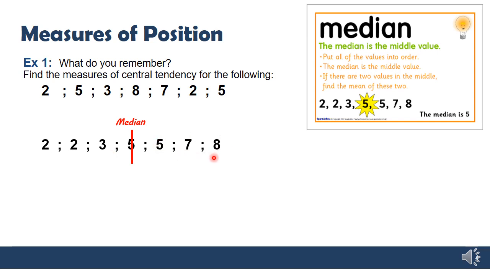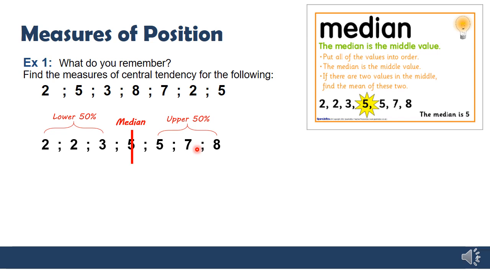The median splits the data into halves, the lower 50% and the upper 50%. So the median is a measure of central tendency, but it's also a measure of position because it tells us which data value, in this case 5, is the middle point of all the data.